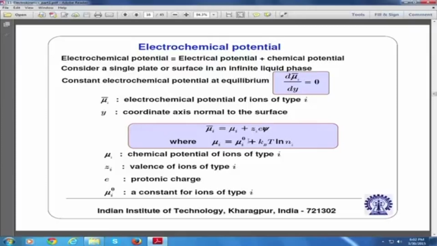mu I bar is equal to mu I 0 plus kBT ln Ni plus Zi E psi. So we will start with this expression and see what we get for equilibrium.